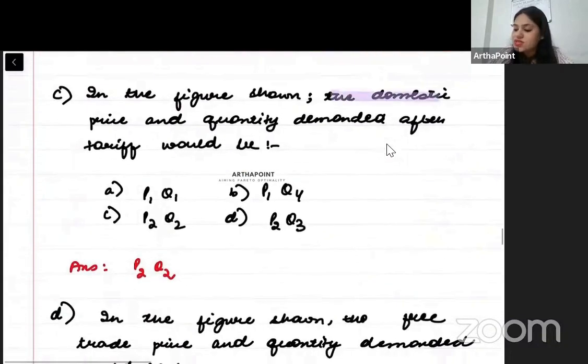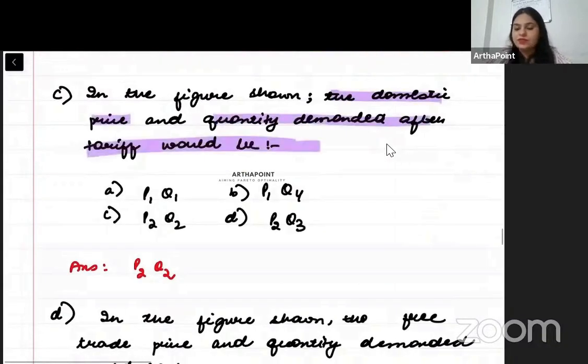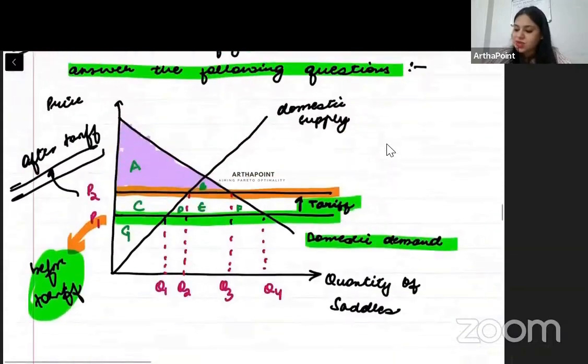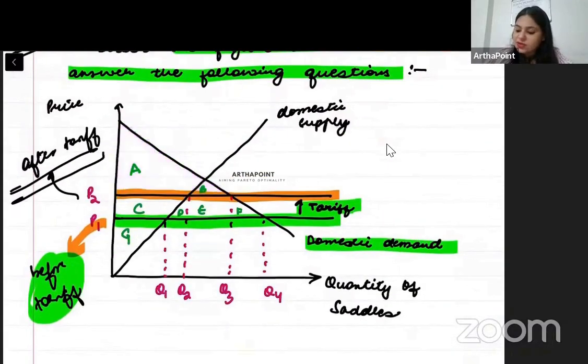It says domestic price and quantity demanded after tariff. We'll just go back and see. After tariff, the price is P2. This is the price. If you notice, at this price, supply is this much. And at this price, demand is this much.